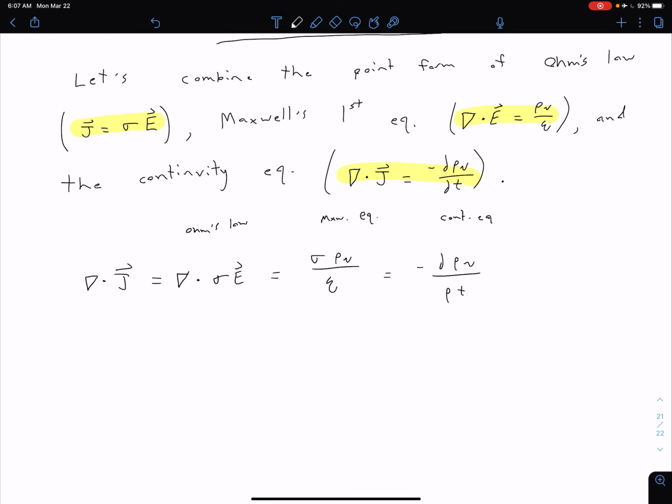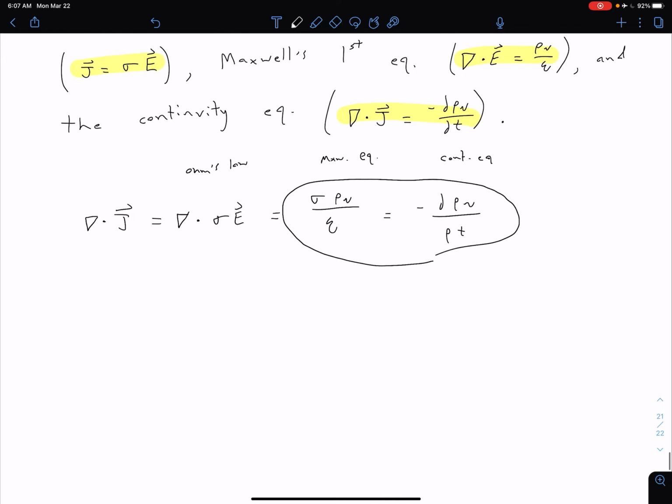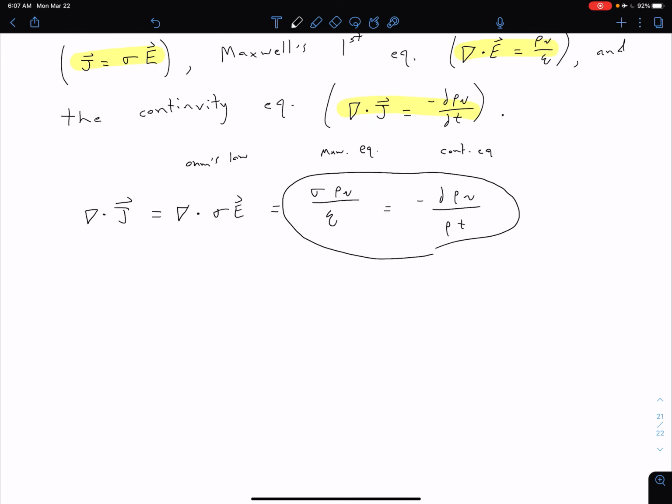Okay, so now I want to focus on the rightmost relationships here, and I'm going to rearrange that to get a differential equation. So I have the partial of rho V with respect to T plus sigma over epsilon, which is our constant, multiplied by rho V, and all of that is equal to 0.